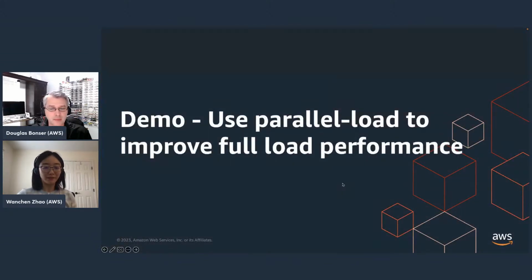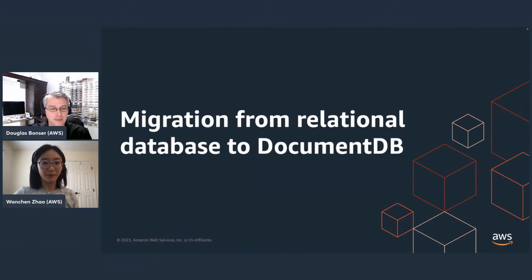Right. So moving along, we will take a look at whether we can do migration using DMS from a relational database. Why may we try to do so? Because there are times that you want to use JSON-based documents to suit your particular application needs.